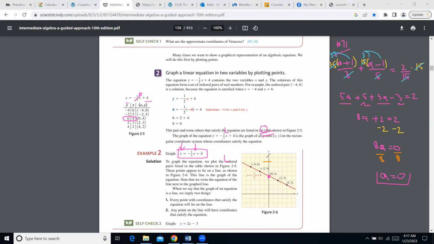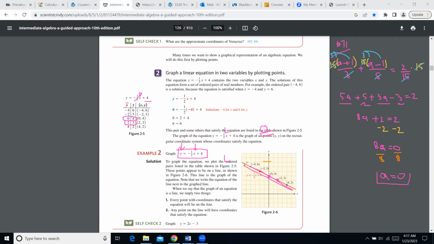And if you get any other point calculated, let's say if you utilize the number 2 instead of x, then you see that y will be equal to 3. That should be good enough to produce the graph by simply connecting those 2 points together.